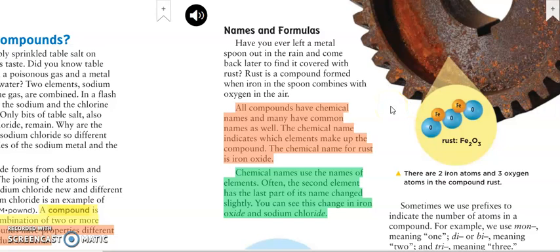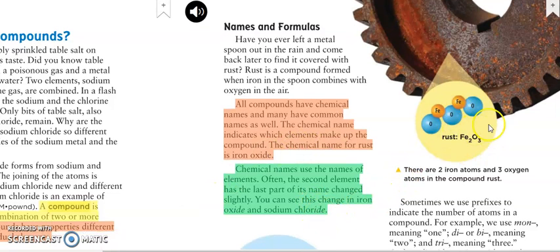Chemical names use the names of the elements. Often the second element has the last part of its name changed slightly. You can see this change in iron oxide and sodium chloride: there is a change in the last part of the second name.